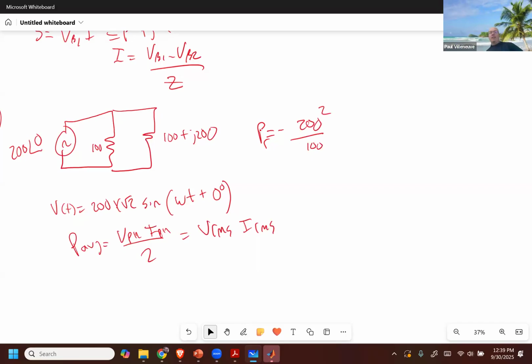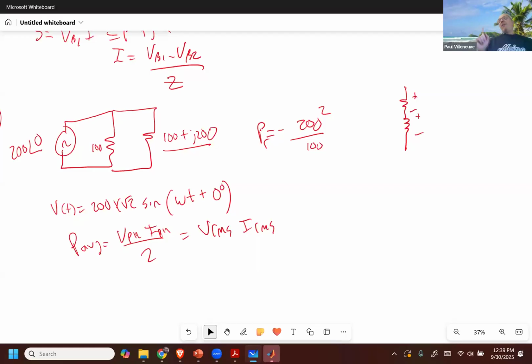And I can't do the same thing for those, because P is V squared over R and Q is V squared over X, but I don't know the voltages across each of those elements, do I? I know what the voltage is across the series element, but I don't know what they are individually.